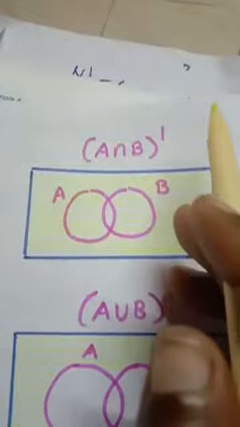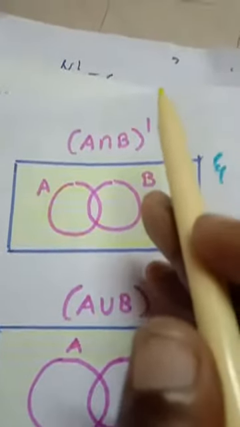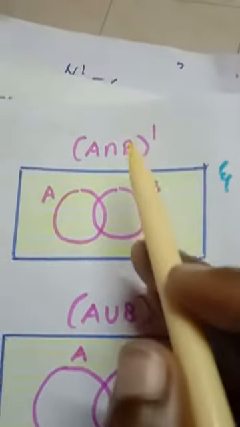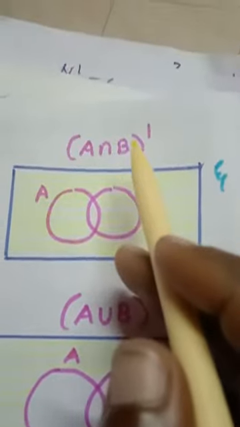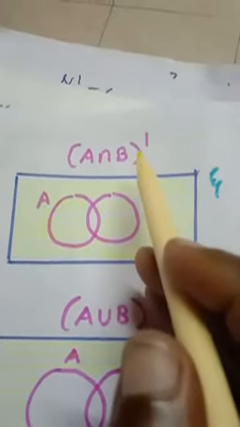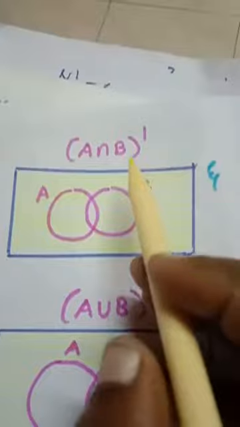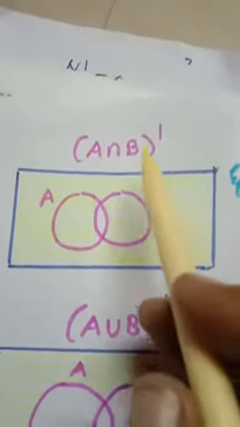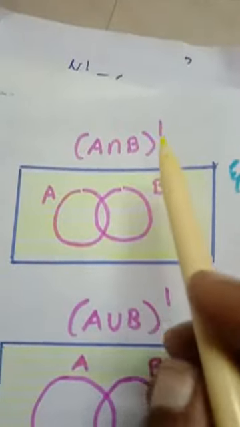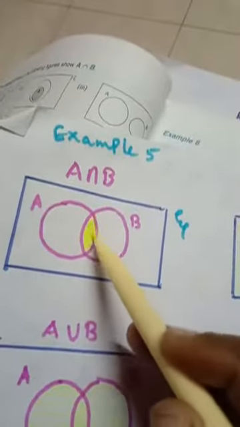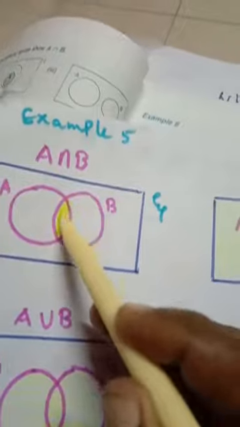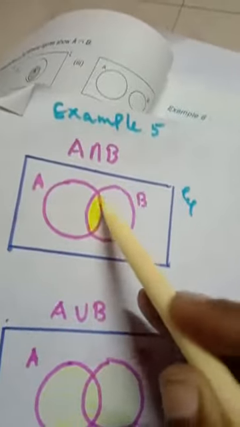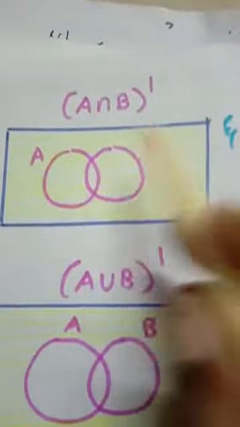A complement means not in A but in the universal set or other set. So here A intersection B complement means not in A intersection B, not in this portion. A intersection B means this portion. So not in A intersection B, and all other portions. So mark all other portions.